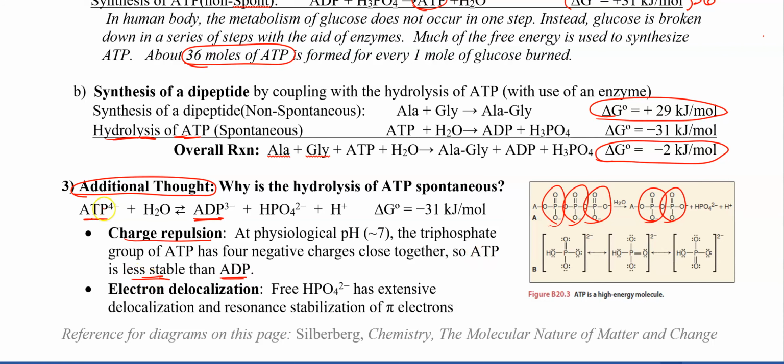So that's a reason why it's favorable to break the ATP apart. The other thing is that you also get this HPO4 2-, which happens to have a lot of resonance stabilization. They're showing you the hydrogen phosphates, and you can see there's a lot of resonance in those structures, and so that's actually a relatively stable substance there.